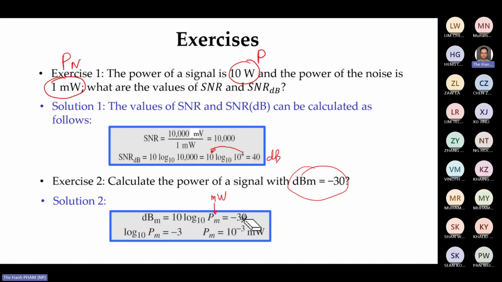Right? I have minus 30. So if I have minus 30, then I divide by 10. So log base 10 of PM should be minus 3. And PM should be 10 to the power minus 3. So it's very small, right? This one is very small. So that is a few simple examples.